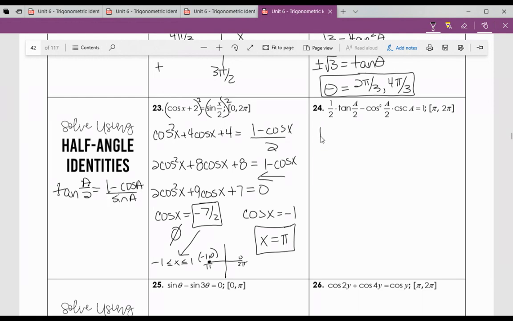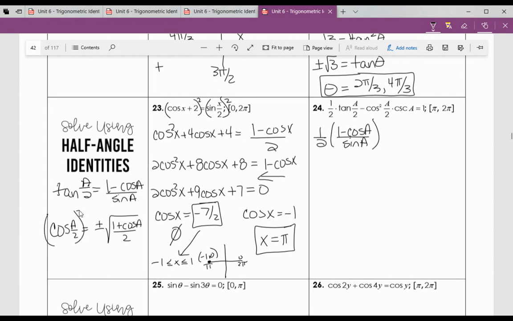So I'm going to take 1/2 and multiply it by 1 minus cosine A over sine A. Now, cosine square alpha over 2 is equal to, you only have one option, plus or minus the square root of 1 plus cosine alpha over 2.